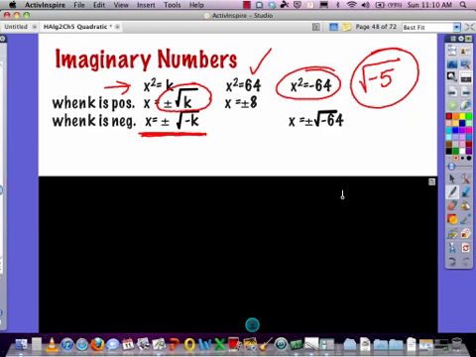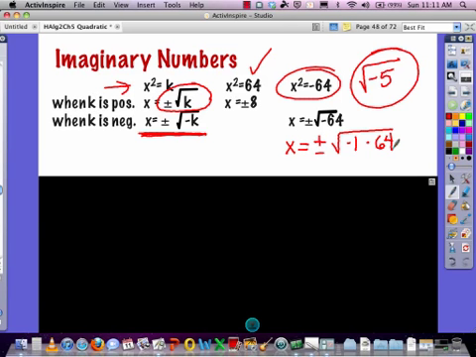Now, the theory goes, as these brilliant mathematicians were working way back in time, they kept getting this answer. They didn't want to have to deal with it. So the easiest thing was, hey, I could do that square root if I just got rid of that negative sign or factored it out. So what they started doing was saying we're going to have plus or minus, and then they thought of that square root as a negative 1 times that positive number that remained.